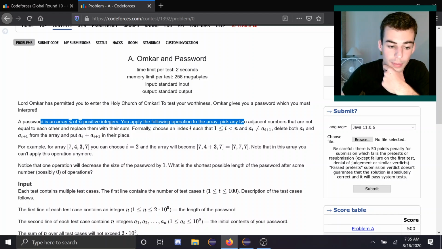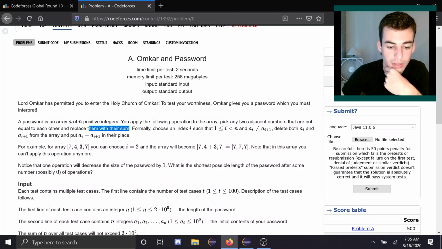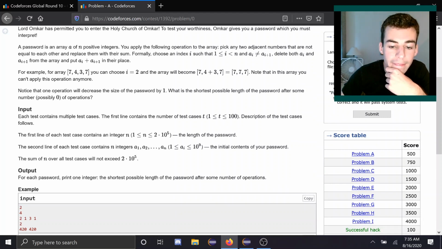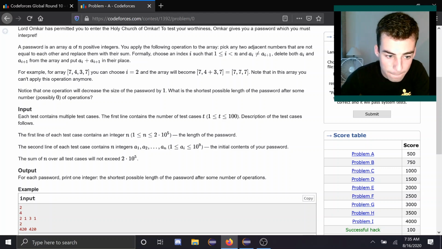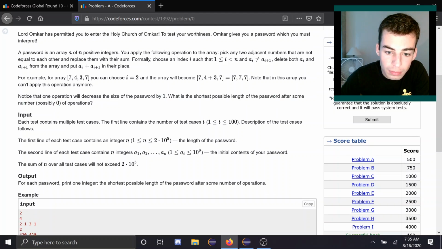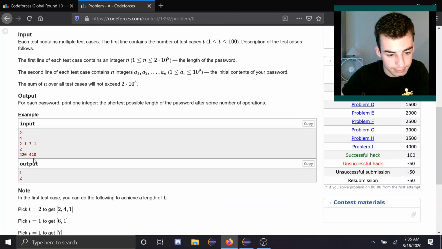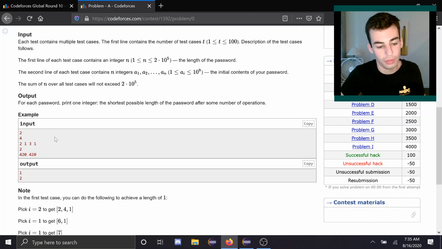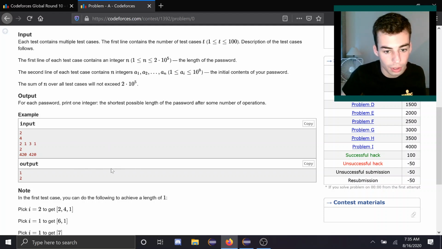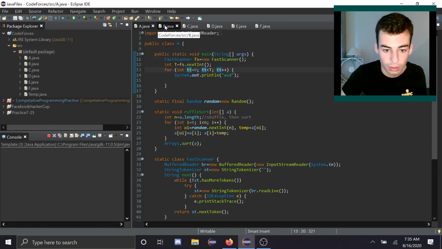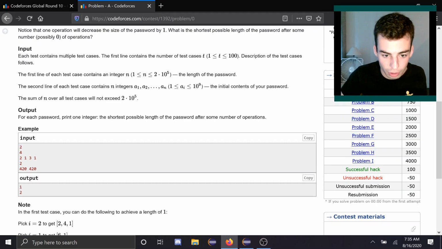Pick two different adjacent numbers that are not equal and replace them with their sum. If they're all the same, the answer is itself, otherwise it's just 0. Wait, they're all positive, right?